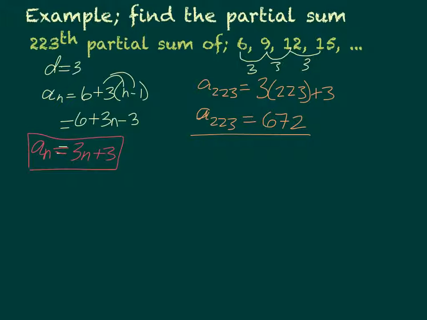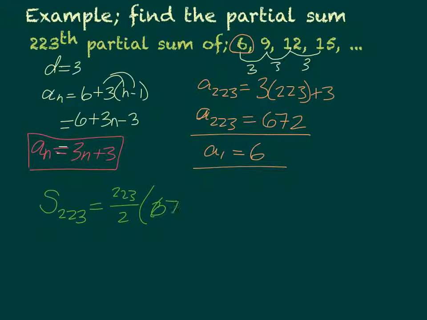And we already know that my a sub 1 is 6. So I have those two important pieces of information, and I can put them into my formula. S sub 223 is equal to n, which is 223, divided by 2 times 672 plus 6. So that would be 223 over 2 times 678.